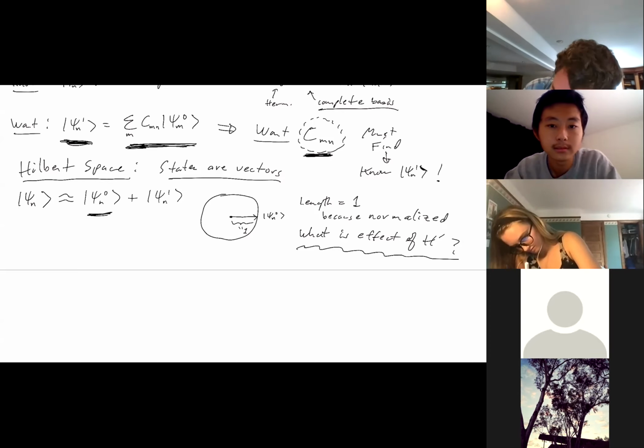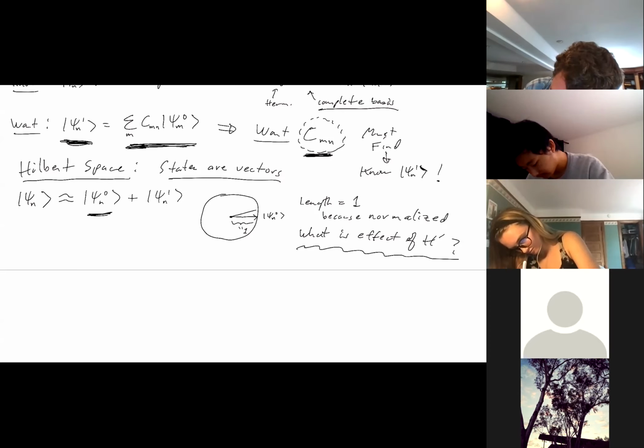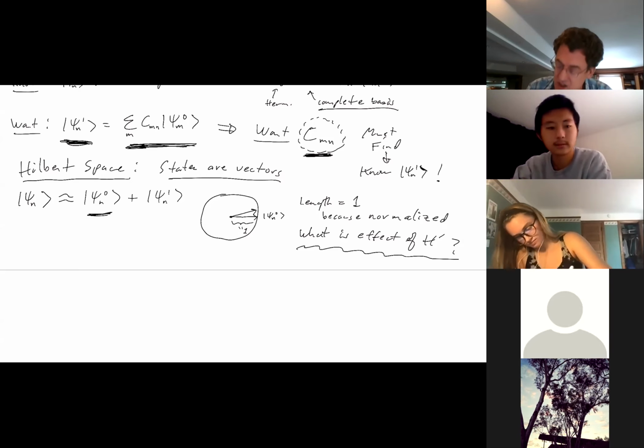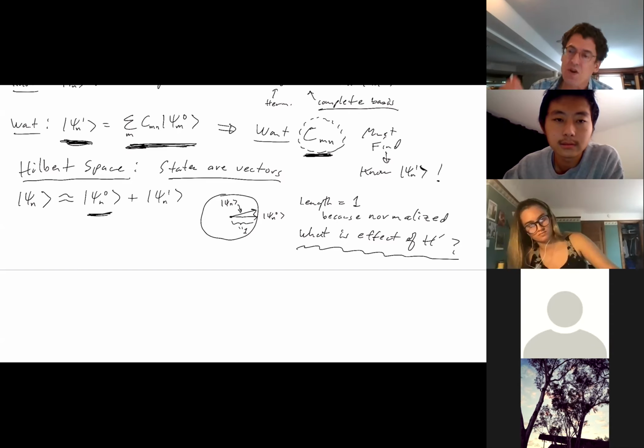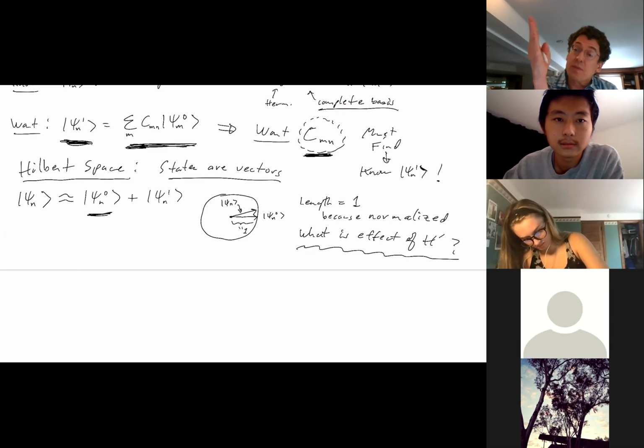So that means that the new state is like this. I didn't draw my circle well, but the idea is that the length doesn't change. And so this then is psi n. The perturbed state is the old state, but the way to think about it is that the perturbation rotates the state in Hilbert space.